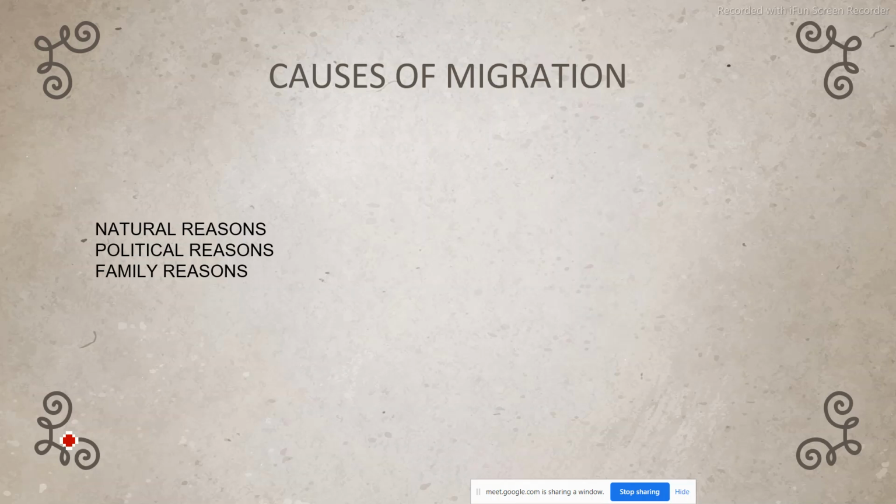A large group of people often move to other countries or cities so that they can provide for their families, because they are not able to find jobs or get enough opportunity where they are living. So the best option is that one or two people leave that place and go to another country where they get a job and better salaries, and they can provide for their families who are living in their homeland.